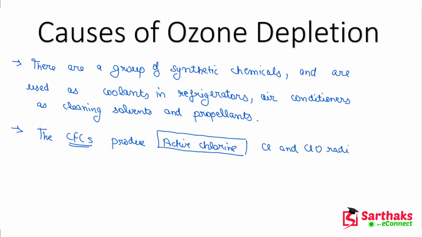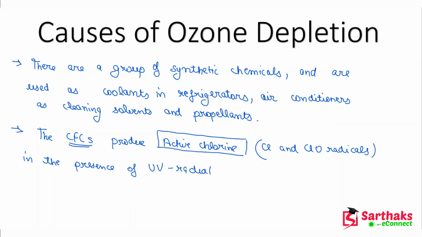They produce active chlorine, that is Cl and ClO radicals, in the presence of UV radiations.